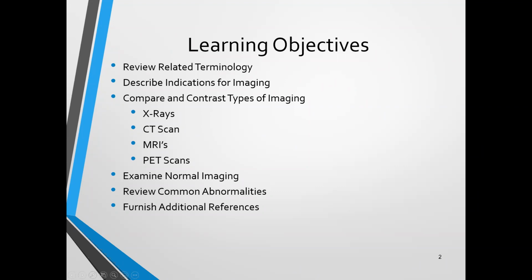And probably most importantly, it's very difficult to cover a comprehensive view of pediatric and neonatal imaging in a 50 or 55-minute presentation. So we'll be furnishing you with additional resources for those of you who may be interested in taking a deeper dive on this particular topic.